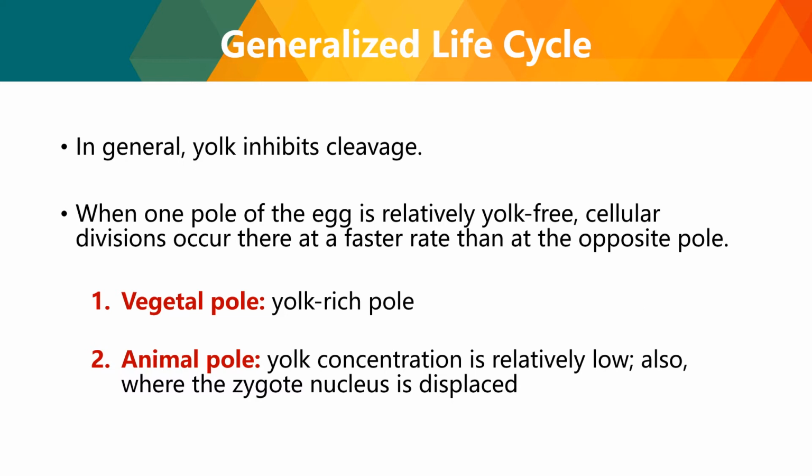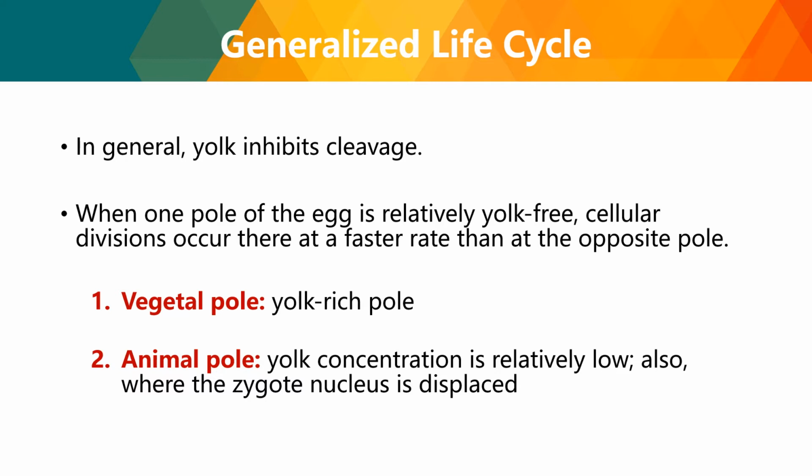In general, yolk inhibits cleavage. If a fertilized egg has yolk, it inhibits the cleavage process, because again, the basic function of the yolk is for the nourishment of the zygote, right? When one pole of the egg is relatively yolk-free, meaning it doesn't have any yolk on it, cellular division occurs there at a faster rate than at the opposite pole.